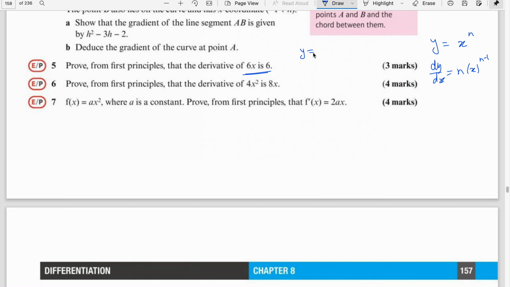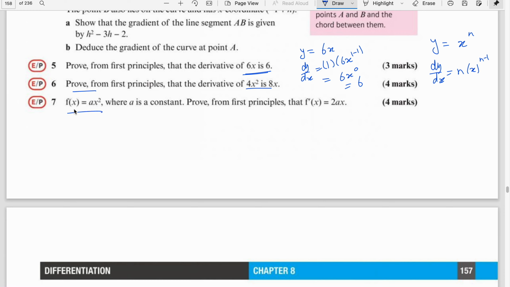So let's say y equals 6x and dy by dx would be, when the power comes down, which is already 1, so this is 1 into 6x and power minus 1. So we're left with 6x raised to power 0, which is 1. So that is 6. Same way we'll solve this. 2 4 times is 8 and subtract 1 from the power, is 8x.